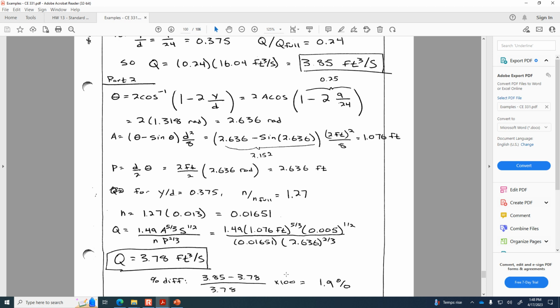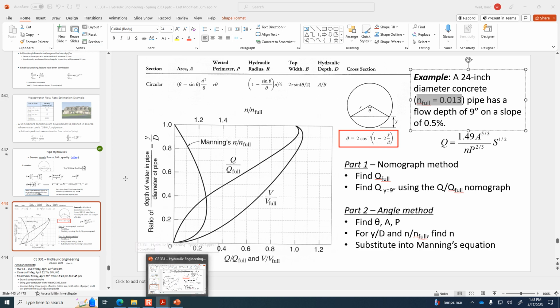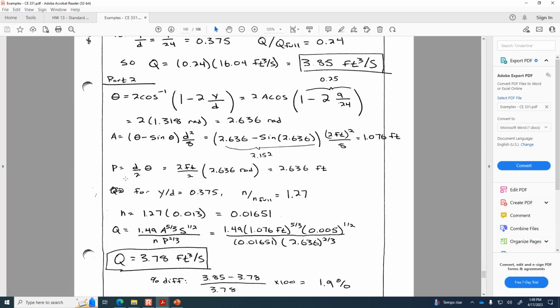And so that's sufficiently accurate, considering that Manning's equation is based on a pretty rough approximation of the n value anyway. So this is how we handle the hydraulics when a pipe is only partly full.